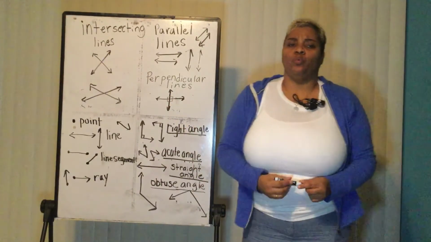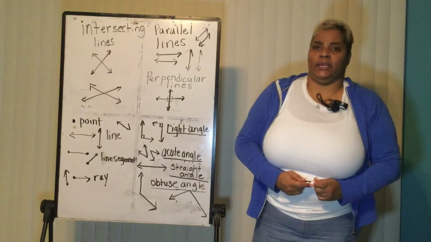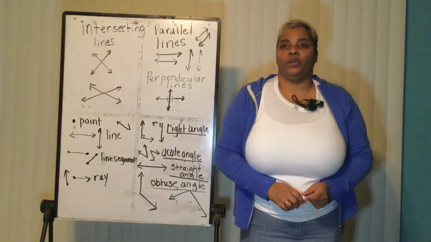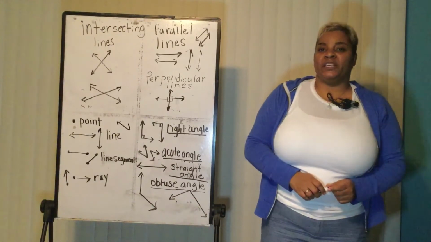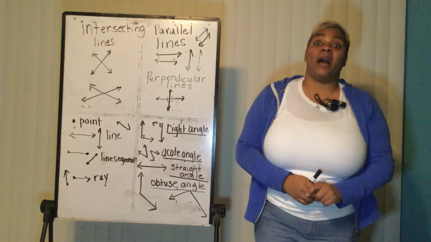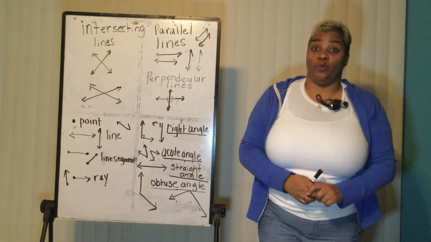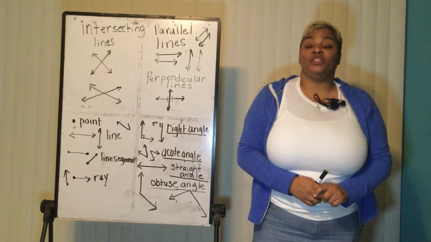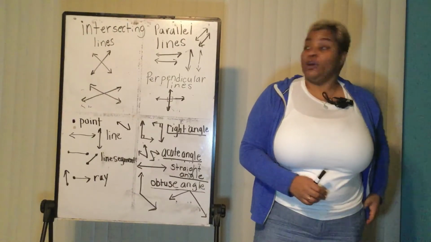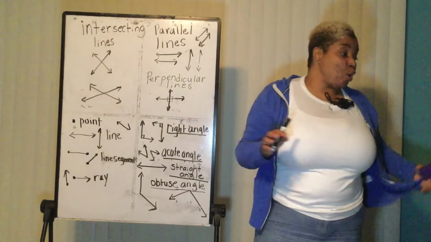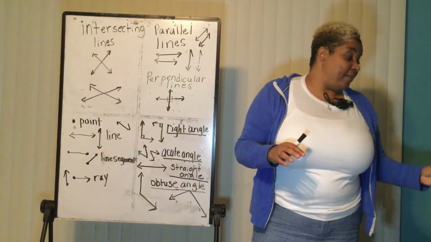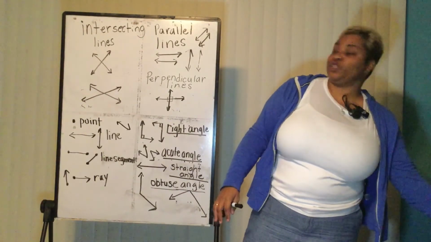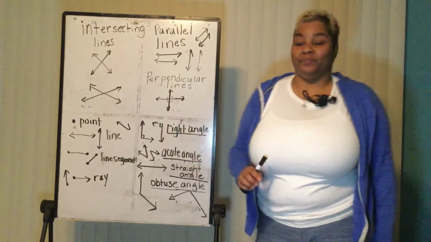What are you thinking right now when you notice that? And if you see something right away, you may type it in your comments. What do you notice right away about these perpendicular lines?